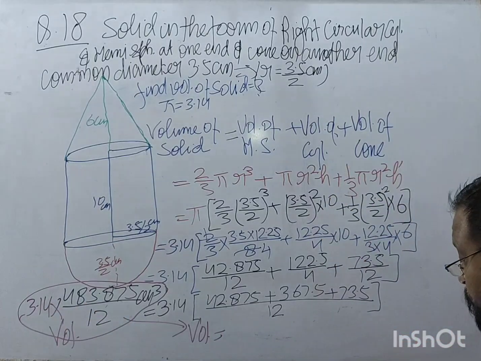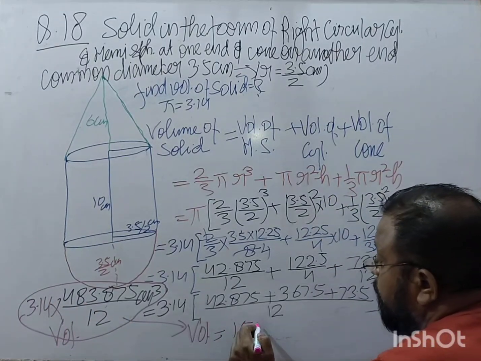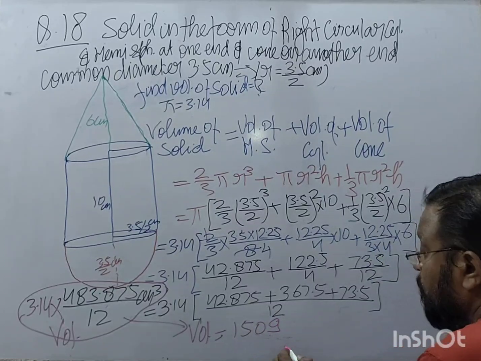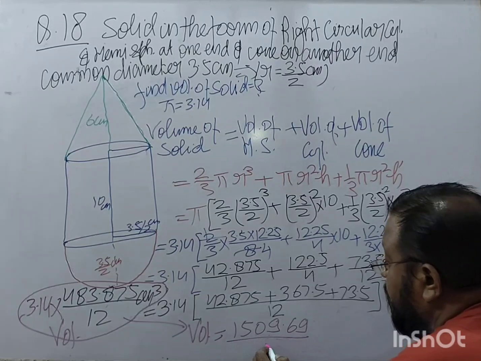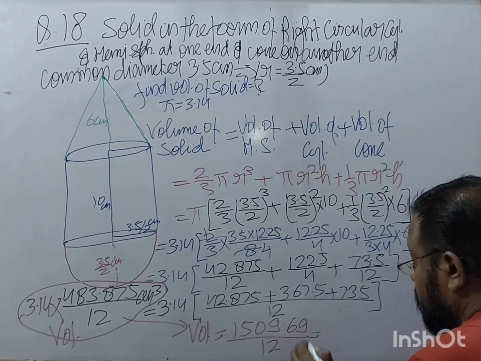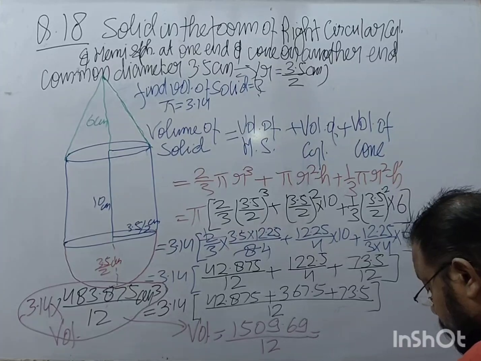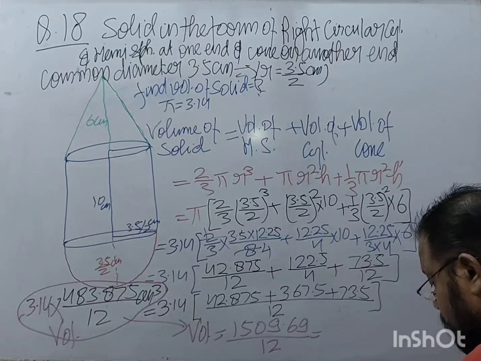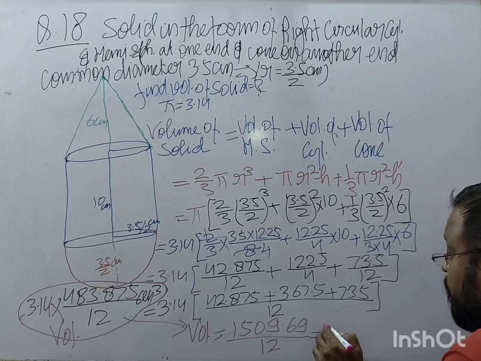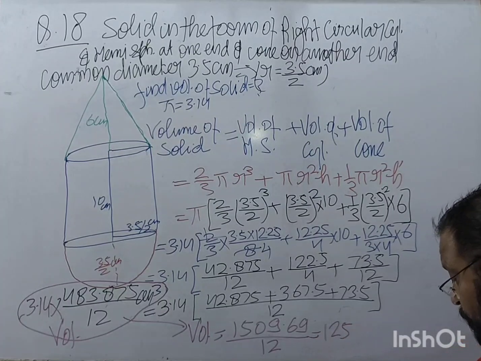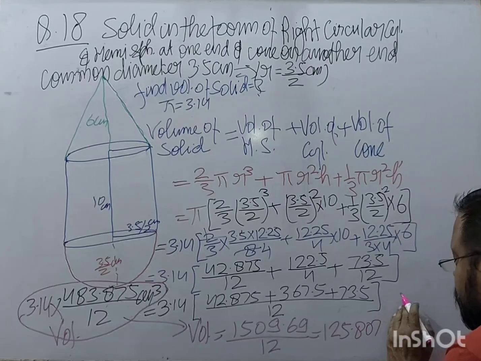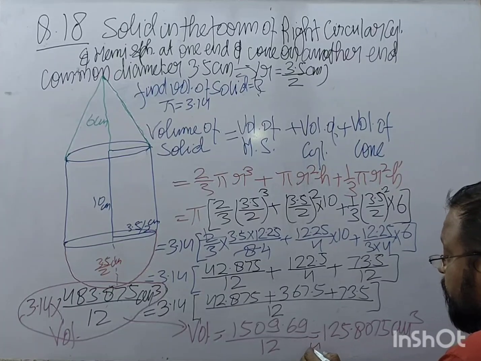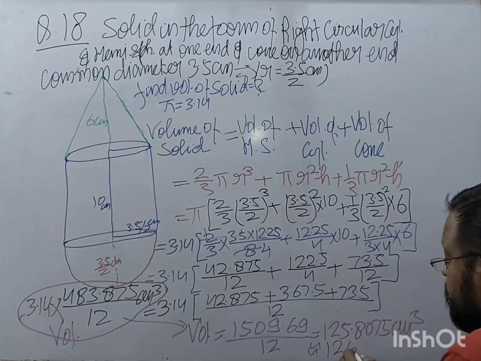When you multiply these two, you get 1509.69 divided by 12. How much you get? What you told me? 126. 125.8075 centimeter cube, or we can take it approximately 126 centimeter cube.